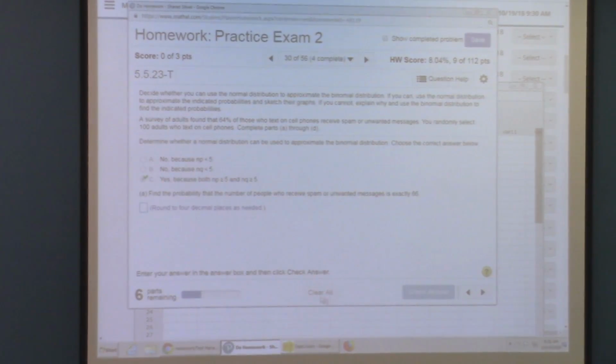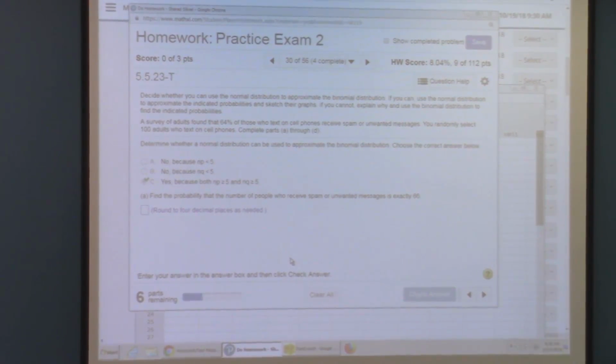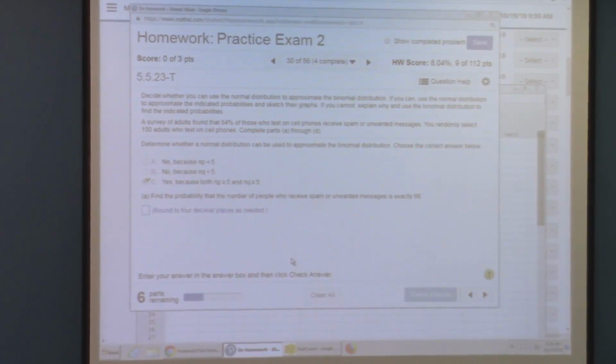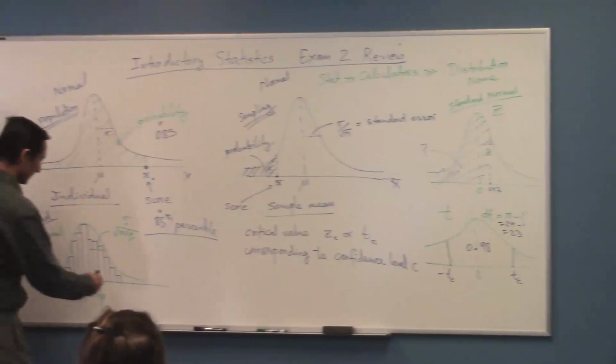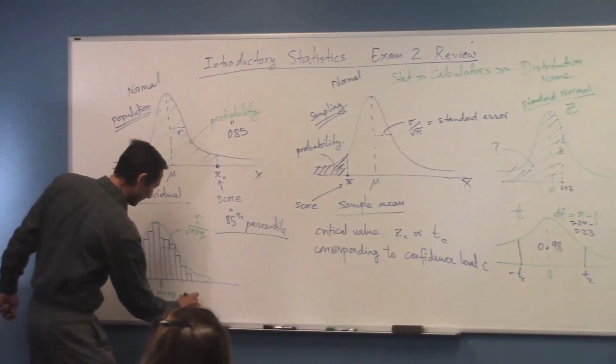So if you can use normal, then you have to use the green one here. In order to use normal, we need to find mu, which is n times p. So n is 100.